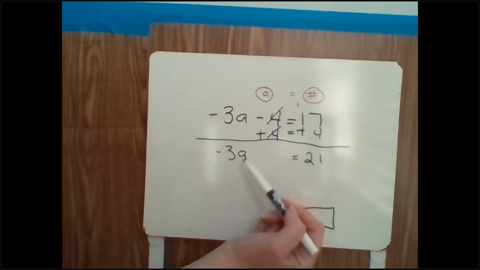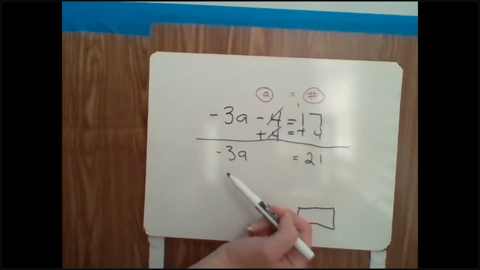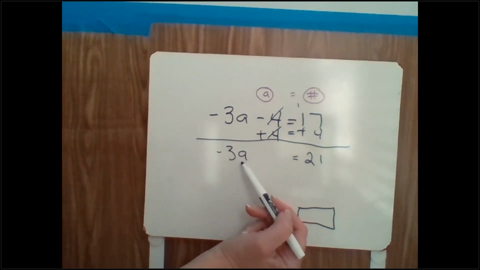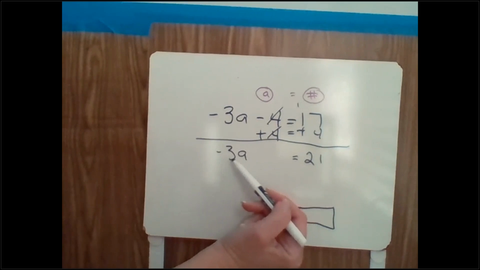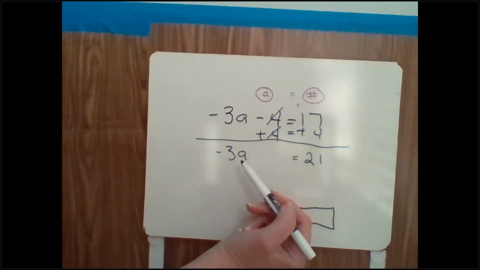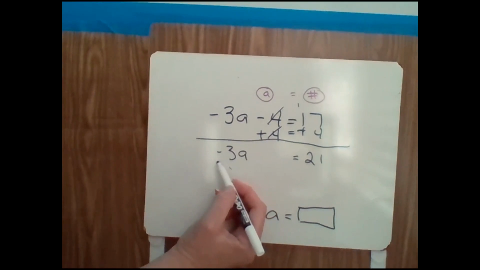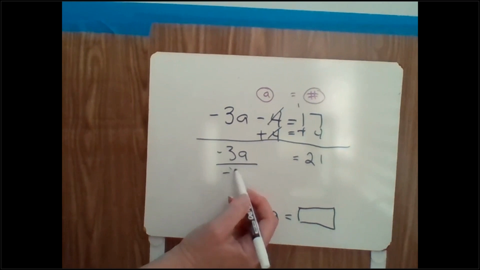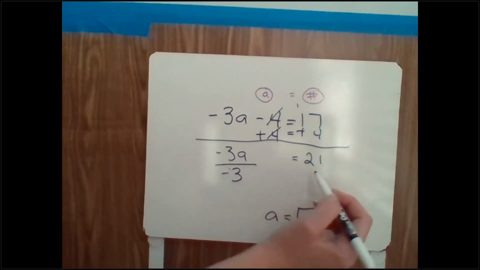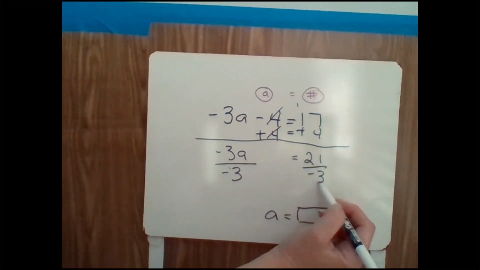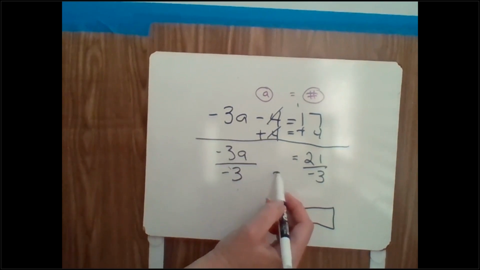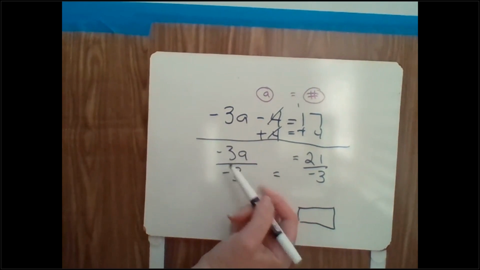Now that I've undone all of that, I have to deal with negative 3 times a. To undo multiplication, I do the opposite, which is divide. So I'm going to divide both sides of my equation by negative 3, making sure I do the same action.